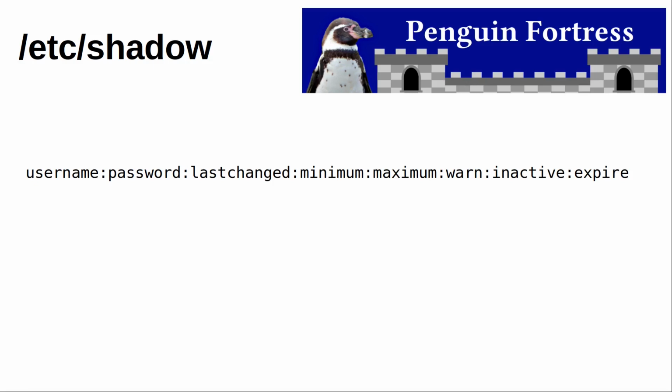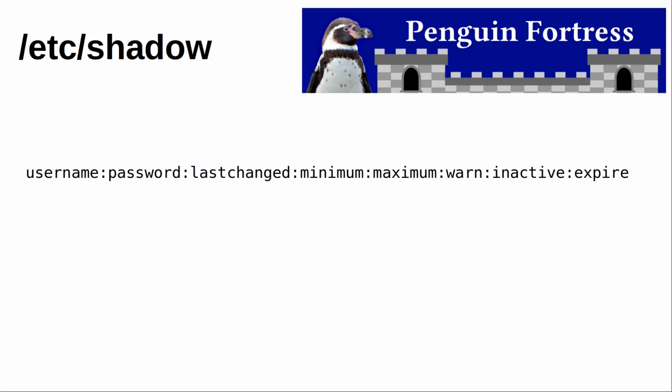If you look at the passwd file, the password field has been replaced by an x, a lowercase x character, which tells the system to look at the shadow file instead of the password being in the password file. This shows the format of the shadow file. The username is the same as the password file, and then the password is stored in the second field, and again this is the hashed password field.